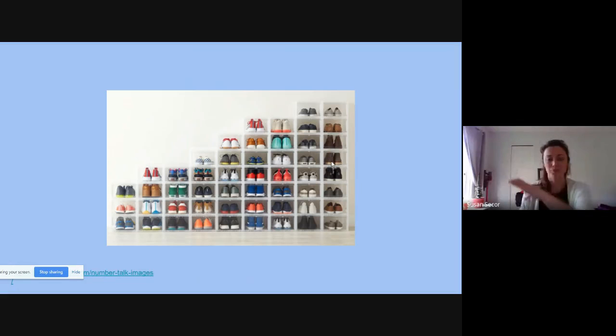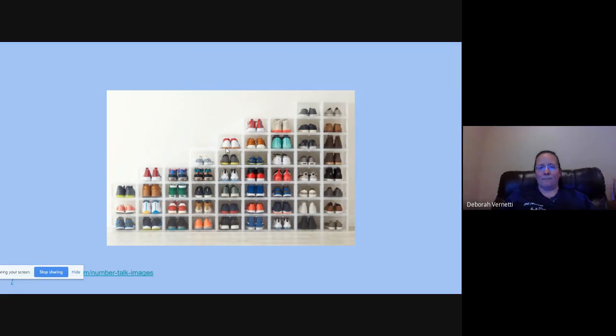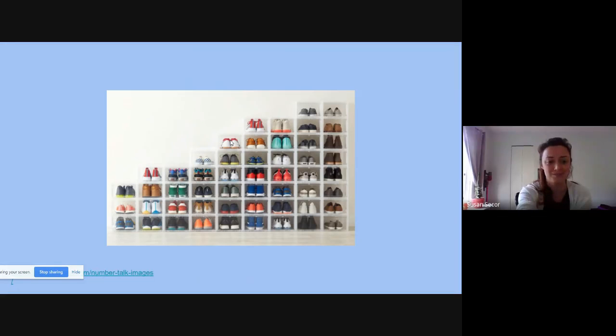If you remove the bottom array, you have 2 columns with 5, 2 columns with 4. But if you move the furthest right pair of red shoes up, then you have 3 columns with 4 in them.